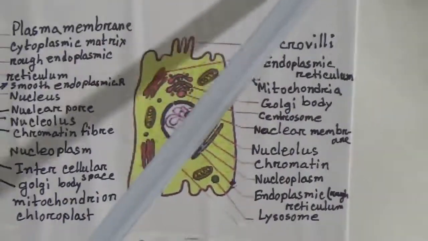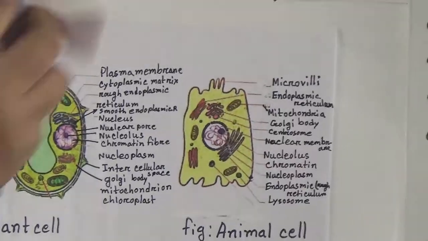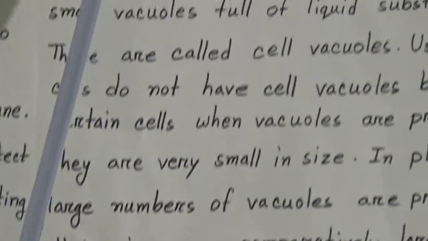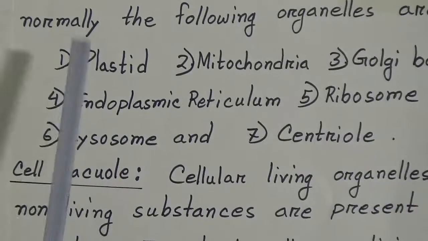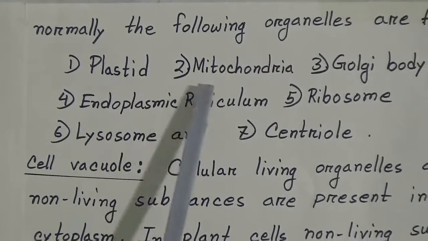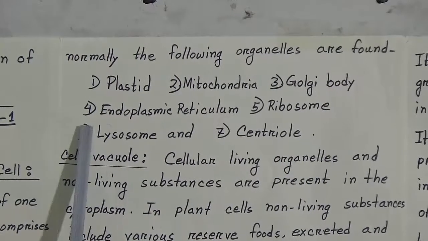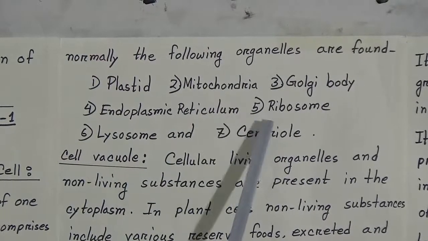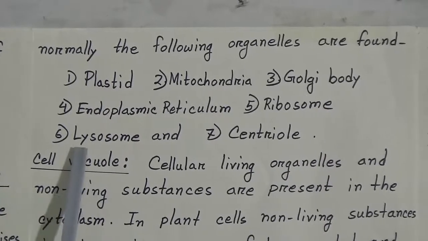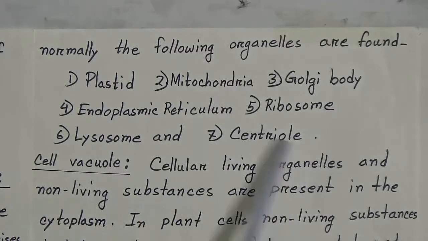In a typical cell, normally the following organelles are found. 1 number plastid, 2 number mitochondria, 3 Golgi body, 4 endoplasmic reticulum, 5 ribosome, 6 lysosome and centriole.